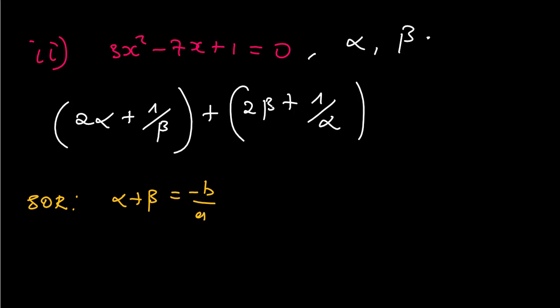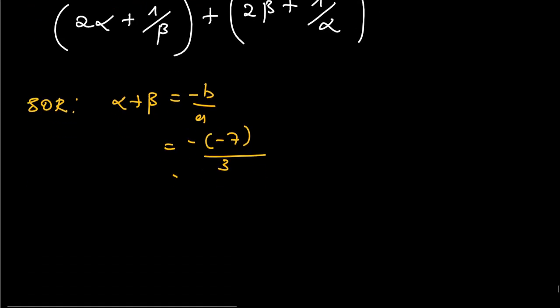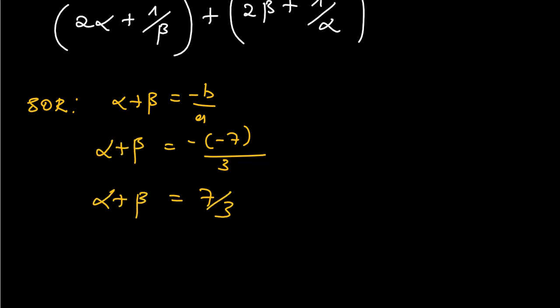So this will be equal to negative into negative 7 divided by 3, which will give 7 on 3. So alpha plus beta is 7 divided by 3.